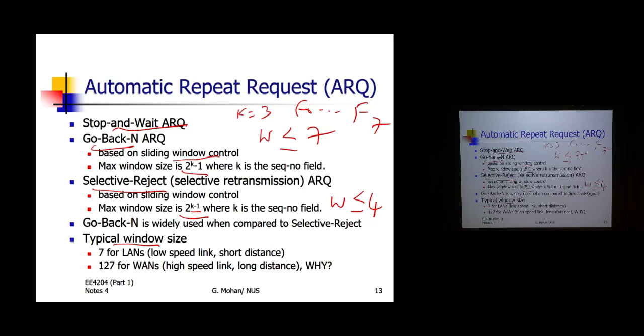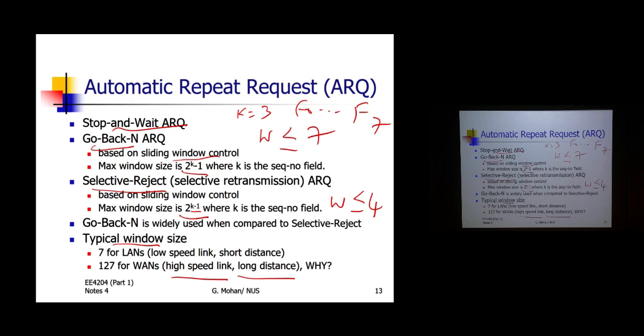We will slowly look into the details, but before that, let's have a rough idea of the window size in two cases. Let's consider the case where the link capacity is quite high and it's a long distance link. Consider a link capacity that is high, that is a high speed link.